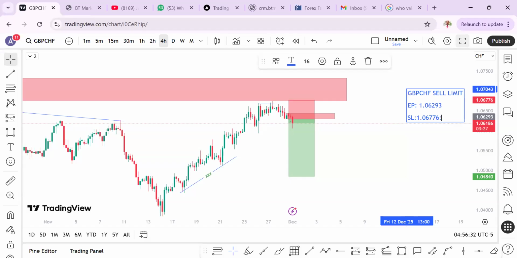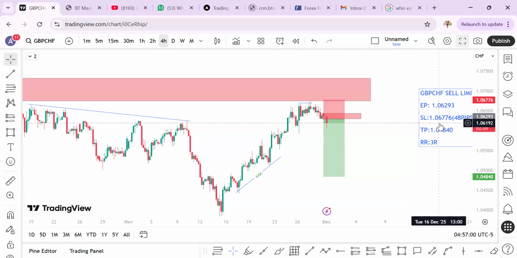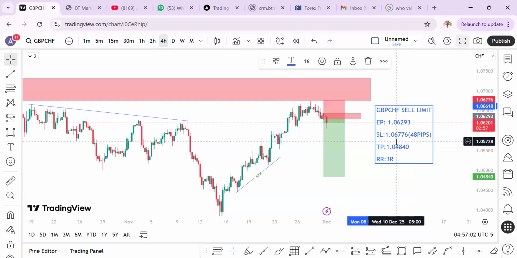That's about 48 pips. Then our TP, 1.04840, and that will give us a reward ratio of 3R. So that is USD GBP chef for us. Right.